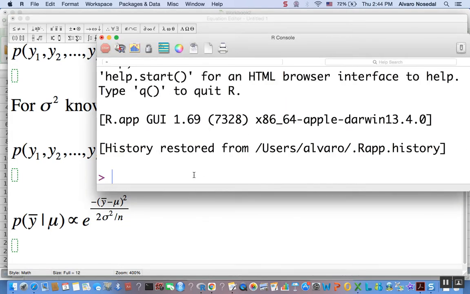So let me call it x to refer to the entire sample, a vector that contains the entire sample.